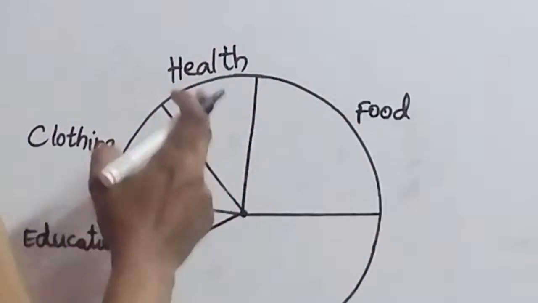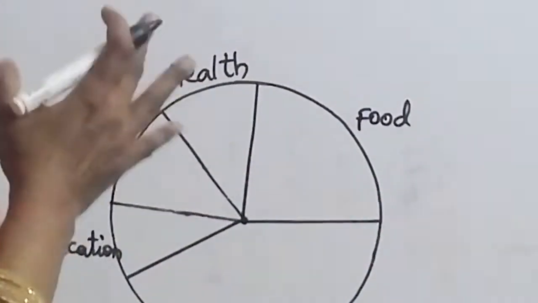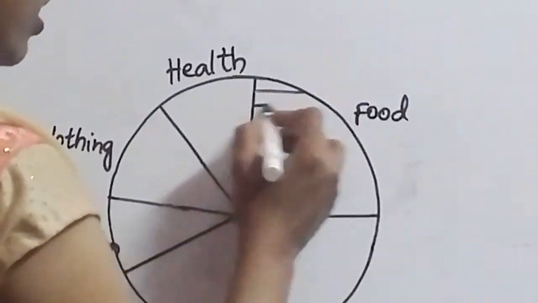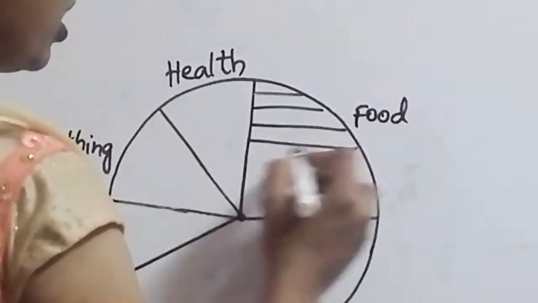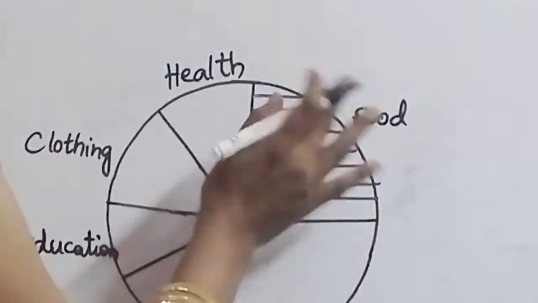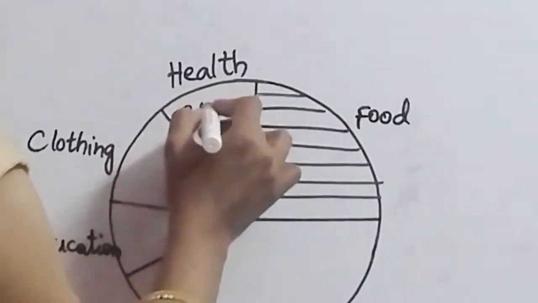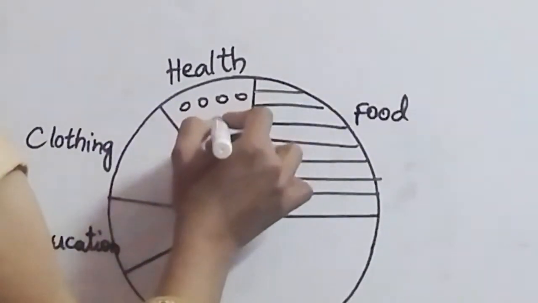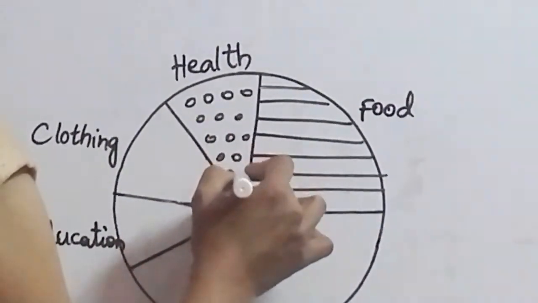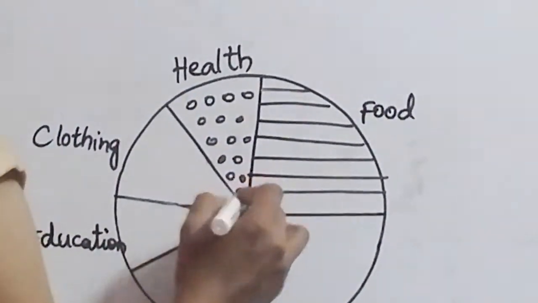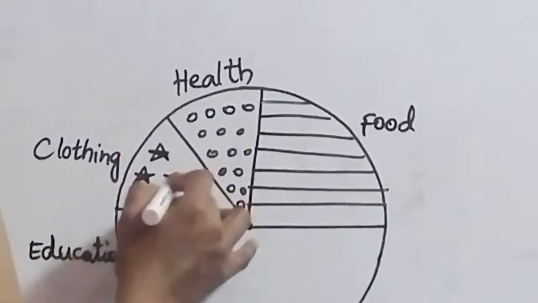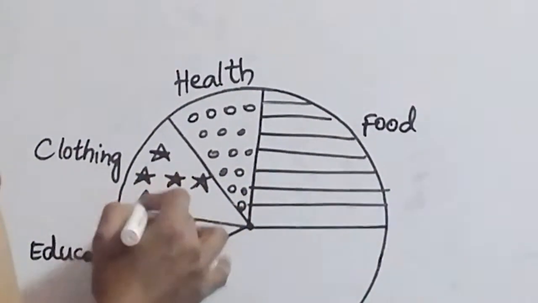Now you have to differentiate each sector from the other. So how are you going to do it? Shade each item or each sector differently. So for food I have drawn lines. Health I am drawing circles. Now clothing I am drawing stars. Whichever shading you want to take, you can take.